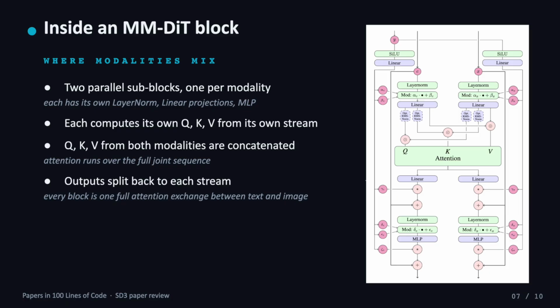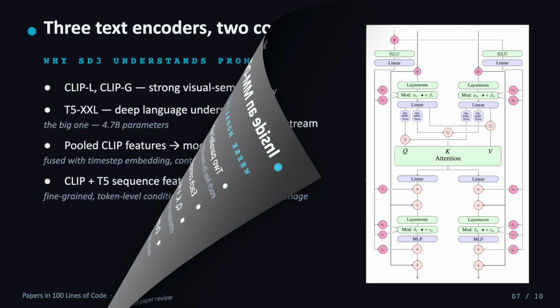Attention runs over the full joint sequence, so an image token can attend to any text token and vice versa. The outputs are then split back to their respective streams, and each one continues into its own MLP. Every block is one full attention level exchange between text and image. That's the bidirectional flow the paper title hints at.